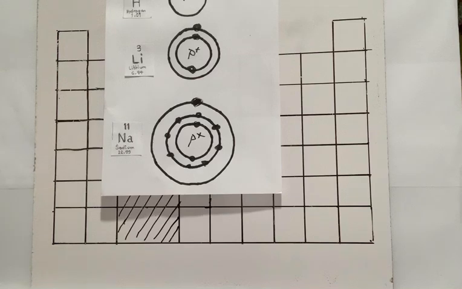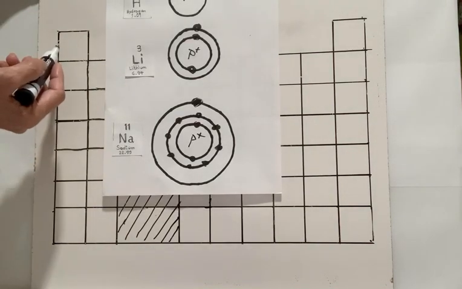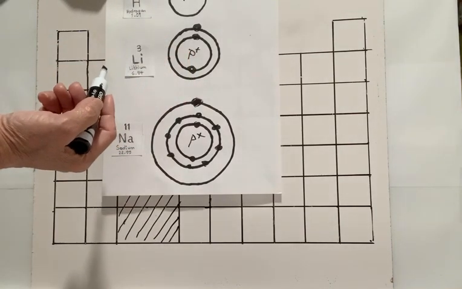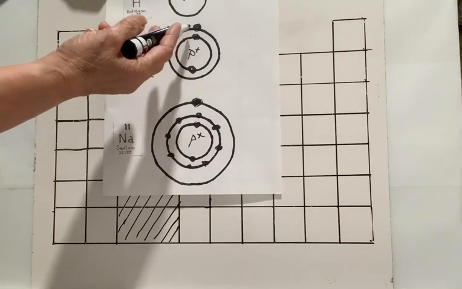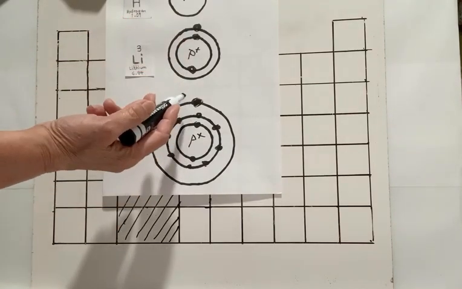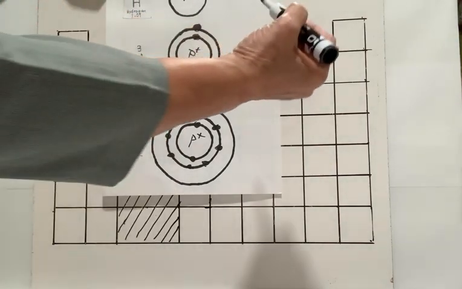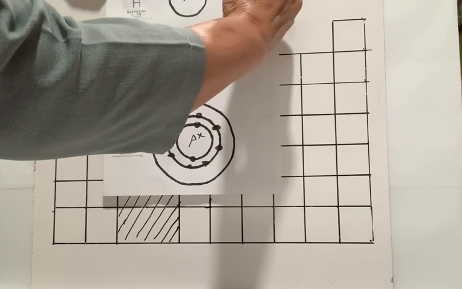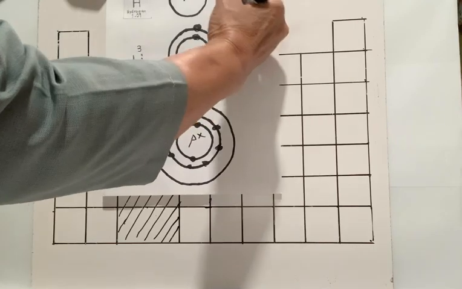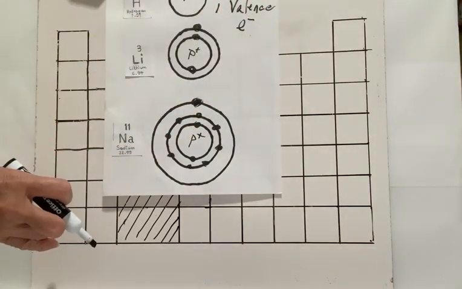So therefore, we can say that all elements in group 1A have 1 valence electron because we define valence electrons as the electrons at the highest energy level or the farthest from the nucleus. So it has 1 valence electron, all of the elements in group 1A.